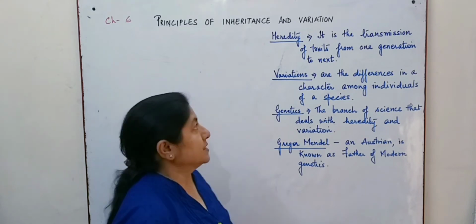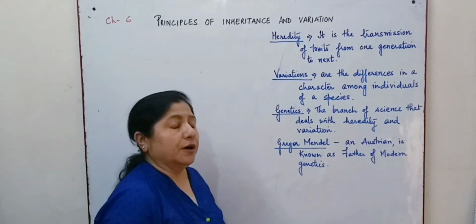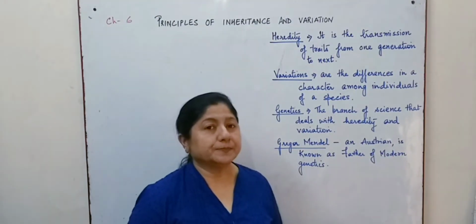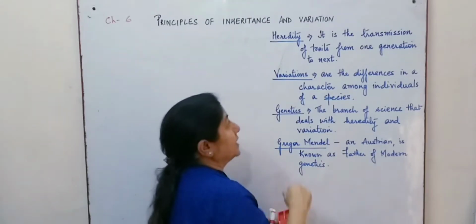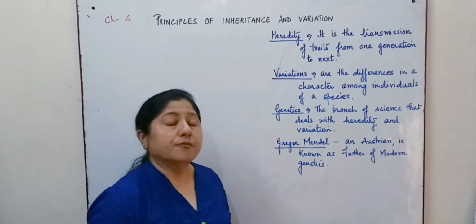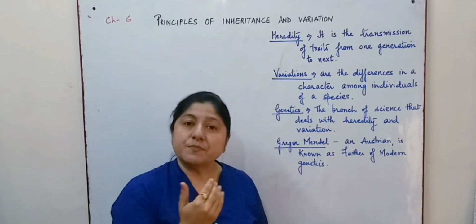terms. First is inheritance. When we talk of inheritance, it is actually the transmission of traits from one generation to the next. What do we mean by that?